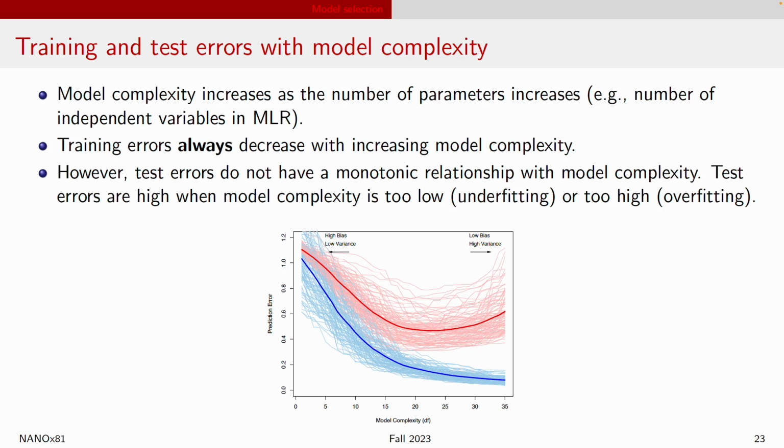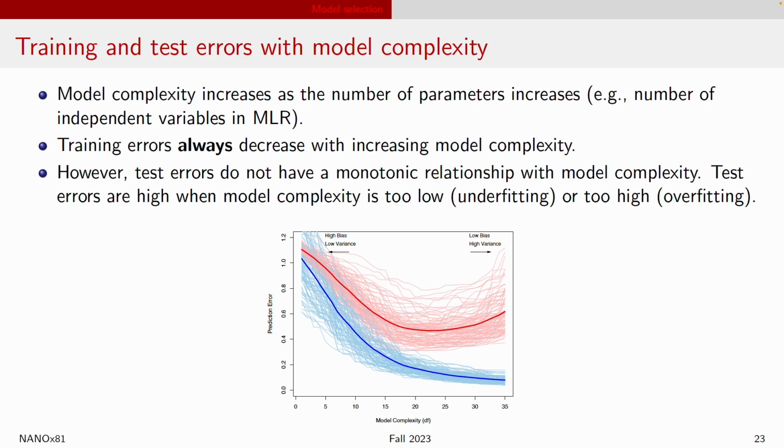All right. Now, this is actually a very useful graph, okay? It basically shows you what happens to your training and test errors as you keep increasing the model complexity. Now, what is model complexity? Model complexity as a rough concept is basically the total number of parameters that you are fitting, right? In a multiple linear regression model, this has a very intuitive meaning.